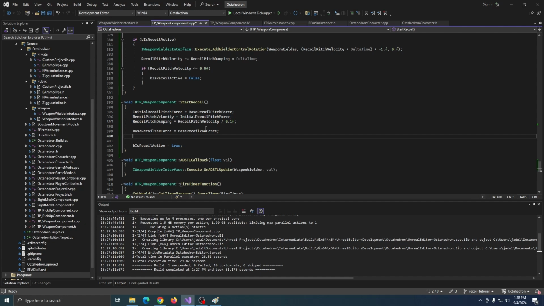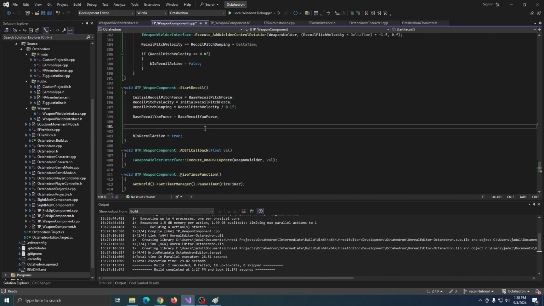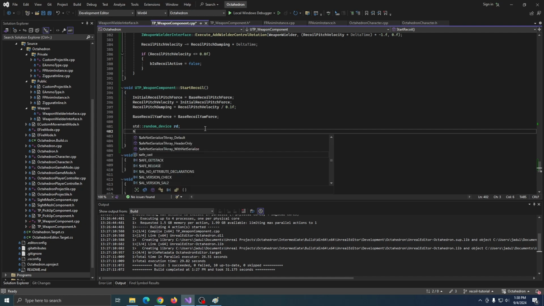Okay, no, it's not exactly the same. But what we want to do here is use the standard library for random device first, and this is instantiated for every recoil. I'm not sure if that's optimized, but I'm gonna do this for now.